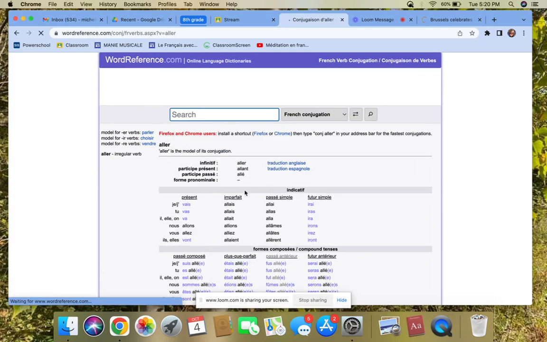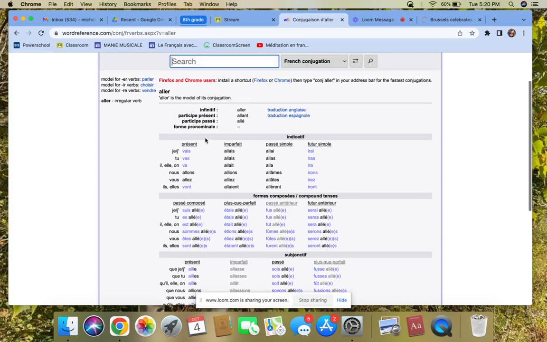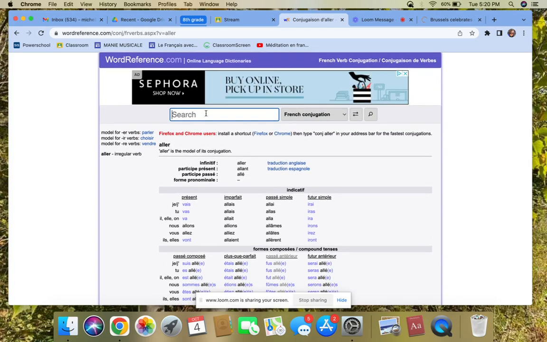That's irregular. What the heck? This is hard. Oh, wait. No, it's not that hard. I remember studying that. So there we go. Je vais. And then I would just use an infinitive. I would say je vais apporter. So I wouldn't have to conjugate the second verb. But here I would, or if I wanted to say, you all are going to bring, vous allez apporter le dessert. You're going to bring the dessert. So be careful of that.